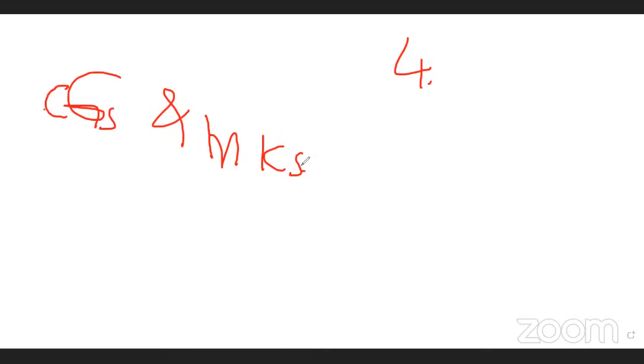Without even putting a pen on paper, we can see it. And 200 centimeters is how many meters? 200 by 100. With multiplication or division by multiples of 10, we can convert CGS into MKS or MKS into CGS. That's why these two systems are known as decimal systems.